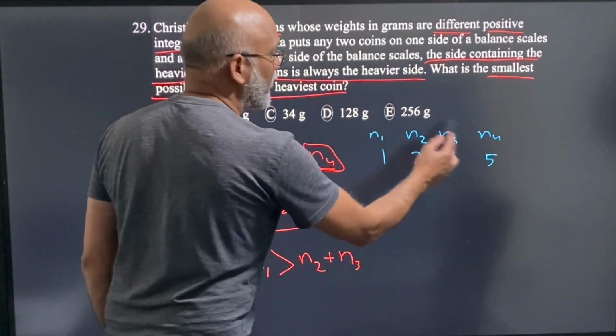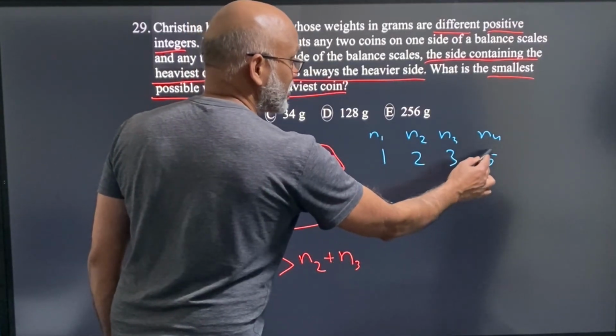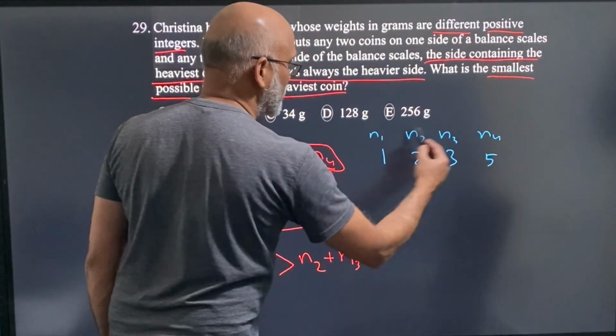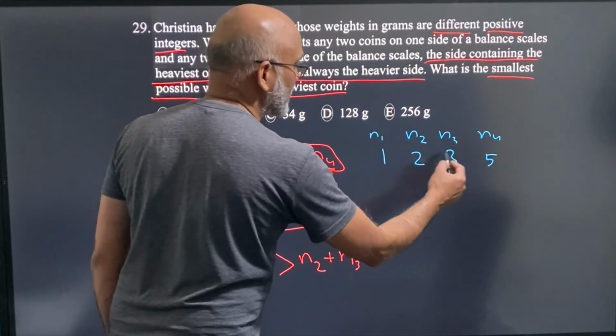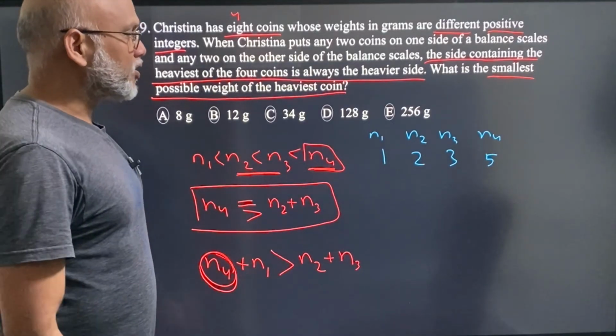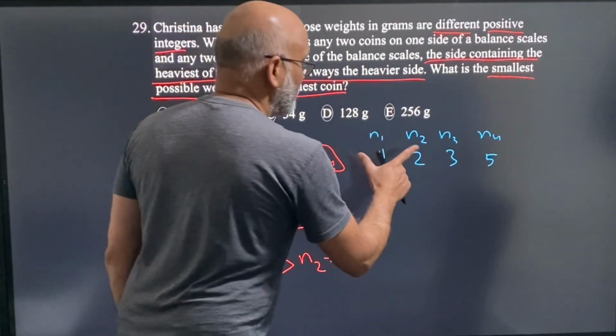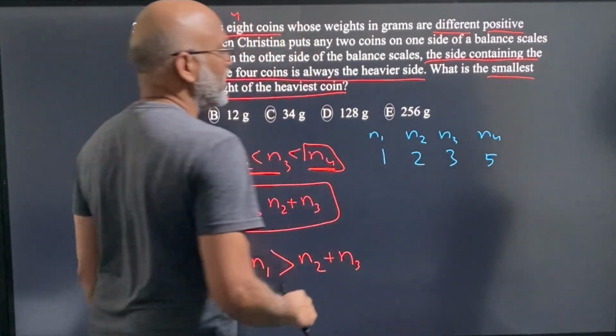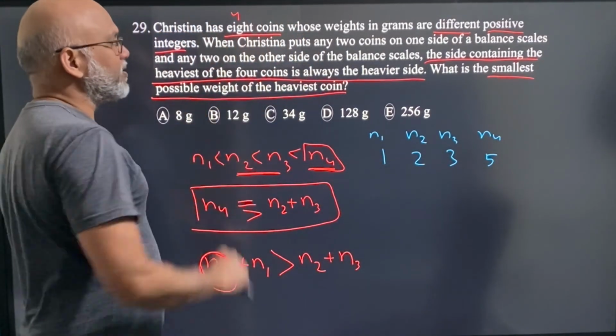So no matter how we pair, whichever side n4 is, like even if we pair with n1, so 5 plus 1 is 6, that is always greater than 3 plus 2, right? So the condition is guaranteed. So these are the first 4 coins that meet this condition.